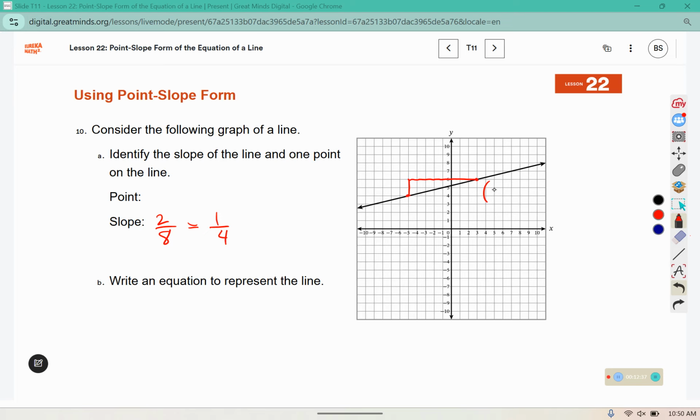And the coordinates of this point are 3, 6. So we have y minus the y value equals m, which is the slope, times x minus the x value.